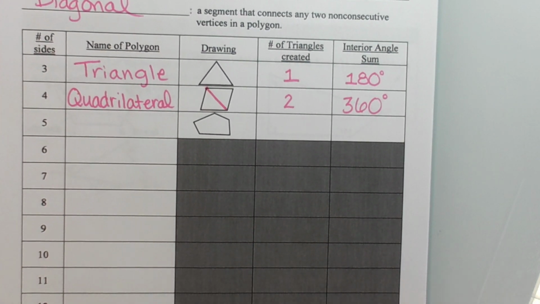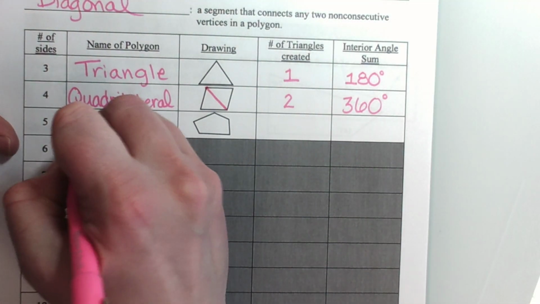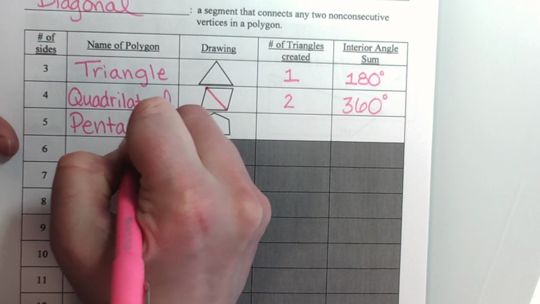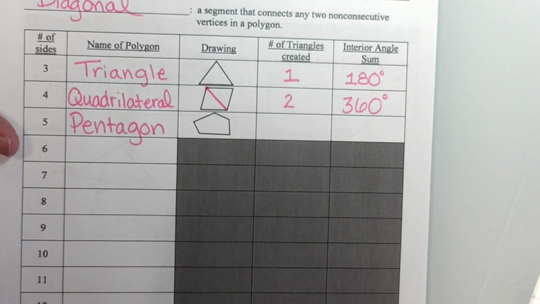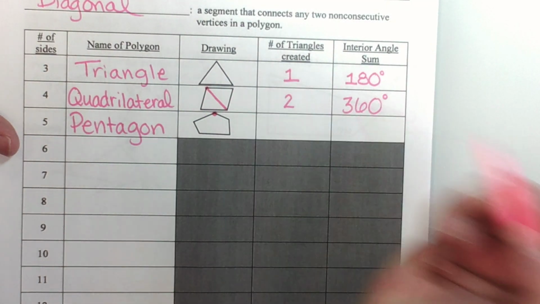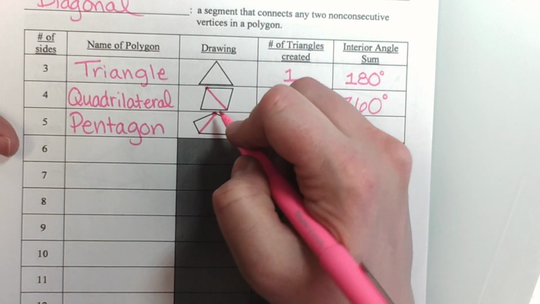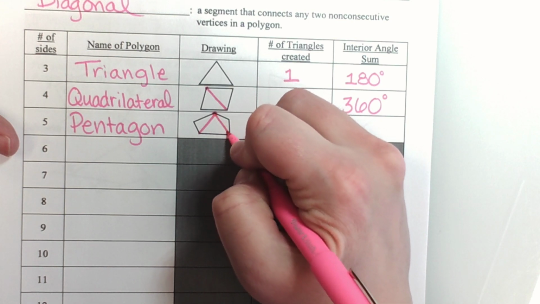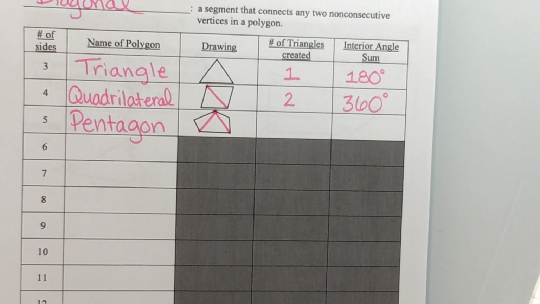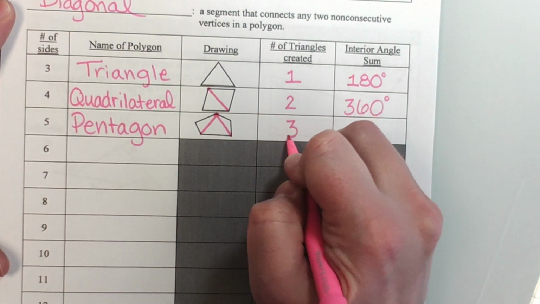What about a 5-sided polygon? Pentagon. And if I draw in all the diagonals, starting from one vertex, I'm going to start from the one on top. I get a diagonal here and a diagonal here. And you get 3 triangles.